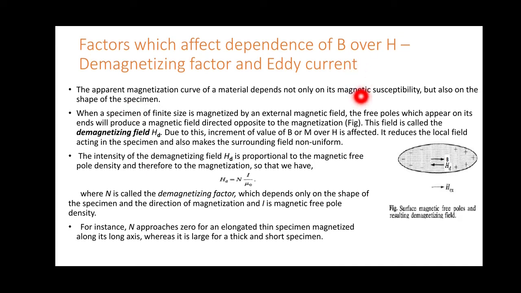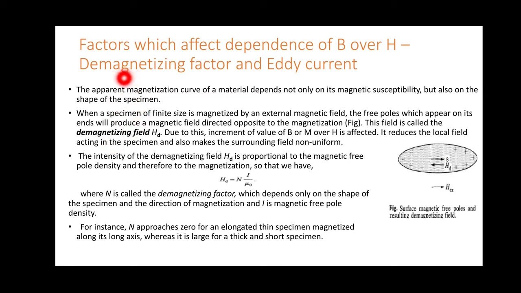The meaning of magnetic susceptibility is how much our substance accepts the effect of the external field. When a specimen of finite size is magnetized by an external magnetic field, the free poles which appear on the ends will produce a field.